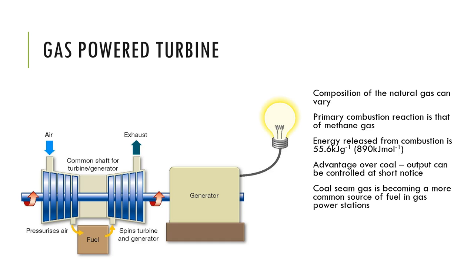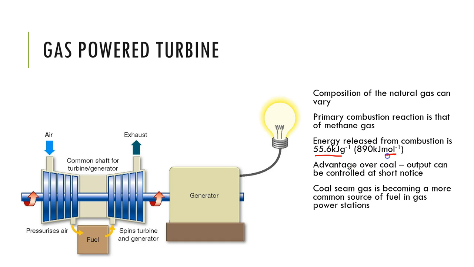So a gas-powered turbine, we're going to go through this pretty quickly. It runs much the same way as a power plant, except this time we're going to have fuel that is burnt. We've got air coming in and exhaust coming out. The fuel is natural gas typically. Okay, it is burnt in a combustion reaction of methane gas, giving out about 890 kilojoules per mole.